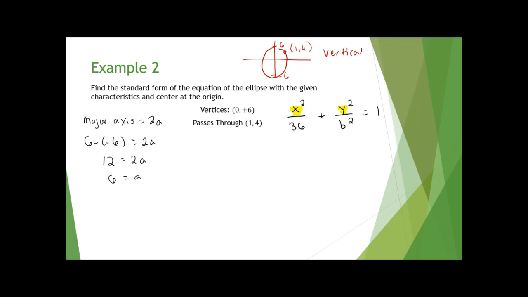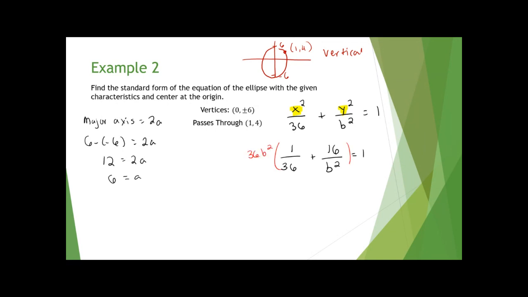So I can plug that in for x and y, and then that will allow us to solve for b squared. So the x value is 1, so that's going to be 1 squared, which is 1 over 36. And then y is 4. 4 squared is 16, so that's going to be 16 over b squared is equal to 1. And so now we want to solve this equation for b squared. So I'm going to eliminate fractions by multiplying both sides by 36b squared, because it will just make things nicer.